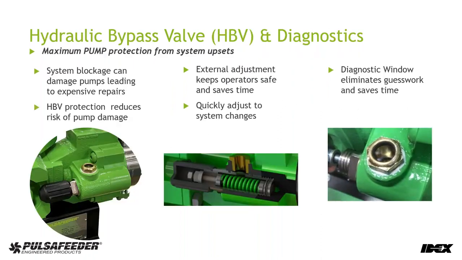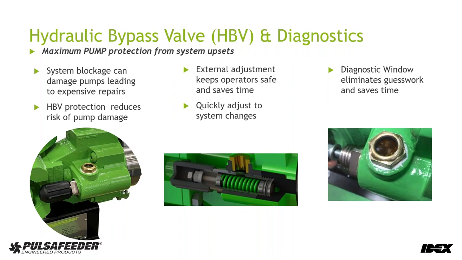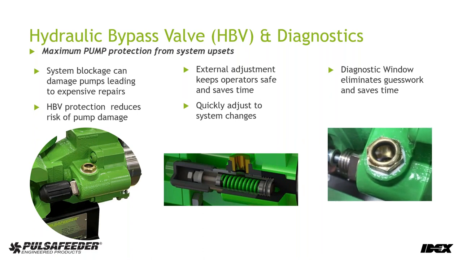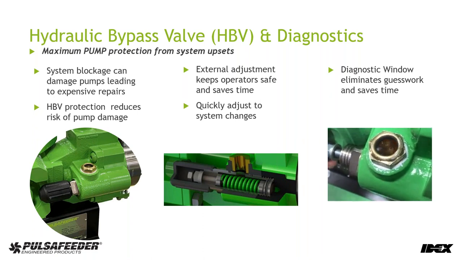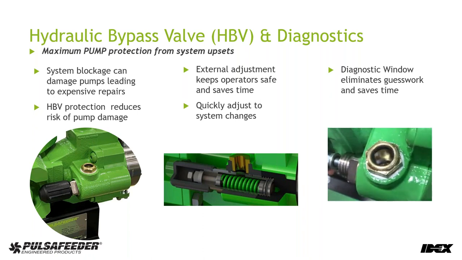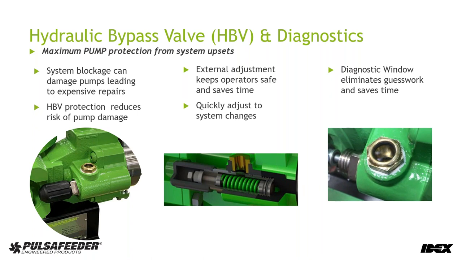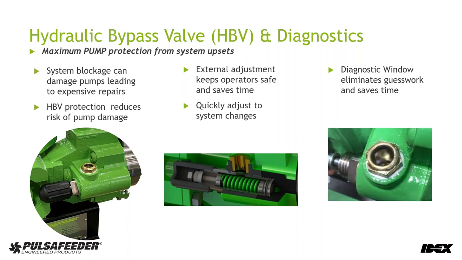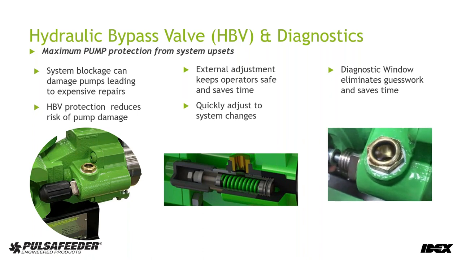The hydraulic bypass valve is used for protection of the pump. I want to really emphasize it protects the pump from system overpressurization. It not only protects that front end of the pump, which is where the hydraulics are, but it also protects the gear train.